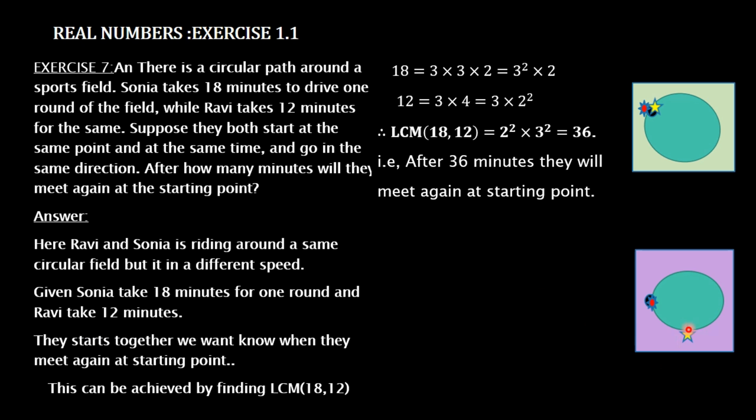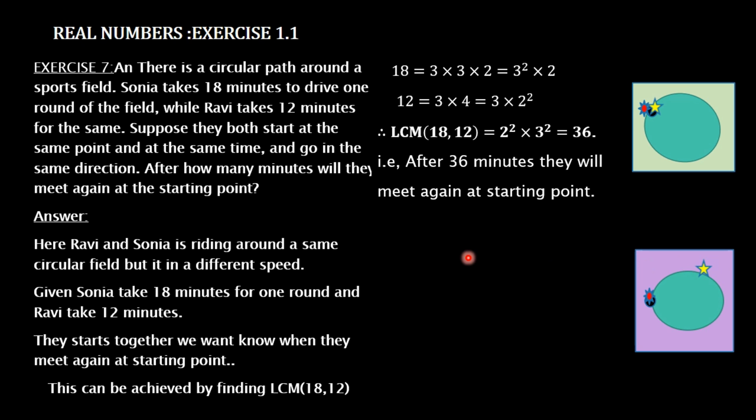Again, we can see what will happen after 24 minutes. Ravi will complete one more drive. Then what about Sonia? She completes one round and will be here.